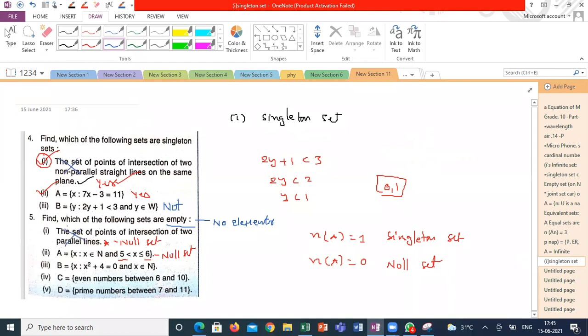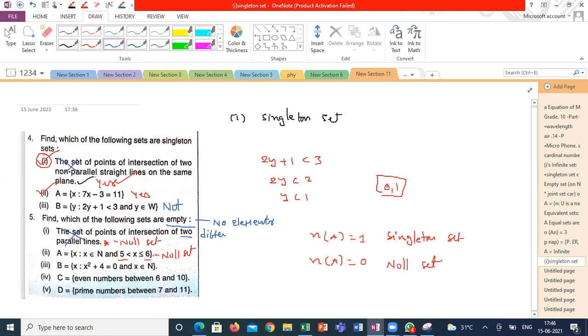I can say it is not even a set because it is not properly defined. Instead of two parallel lines, you can say two different parallel lines. That means coincident lines are the same lines; they represent the same equations. That's the reason I mentioned that statement. If the same question is repeating, I can say it is not a proper question. You have to assume something and explain: except coincident lines, it is a null set; except coincident lines, it is a singleton set.